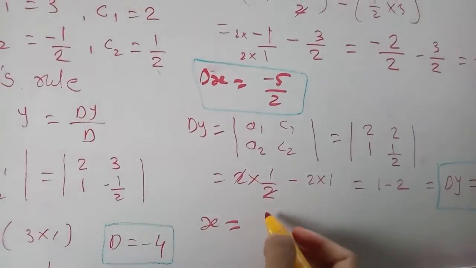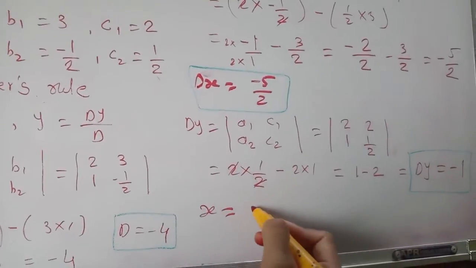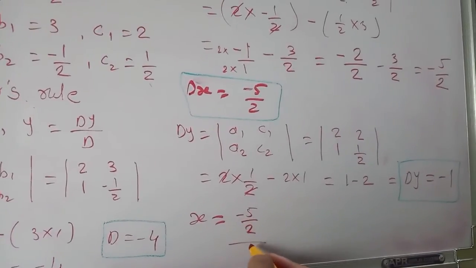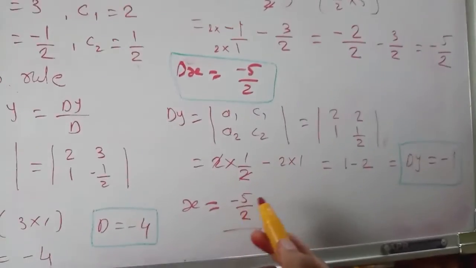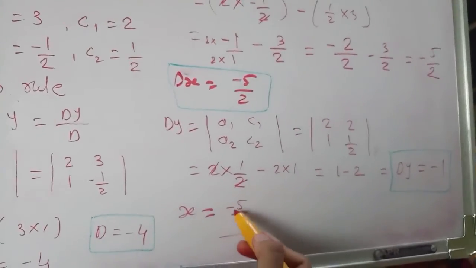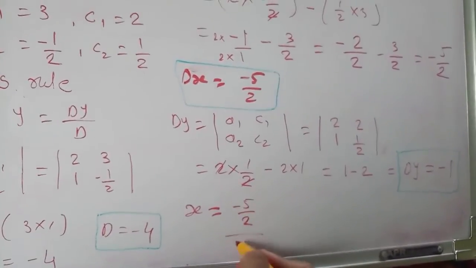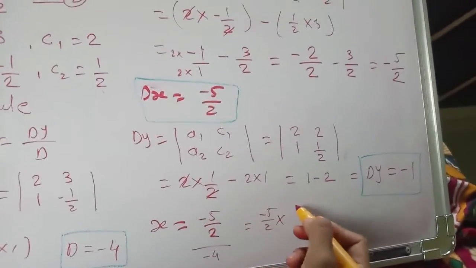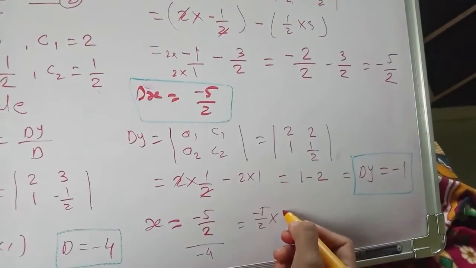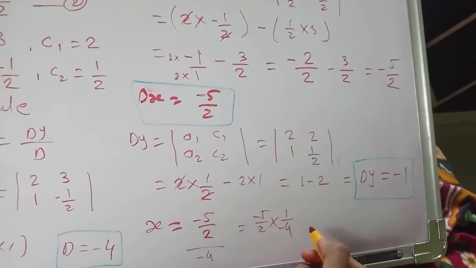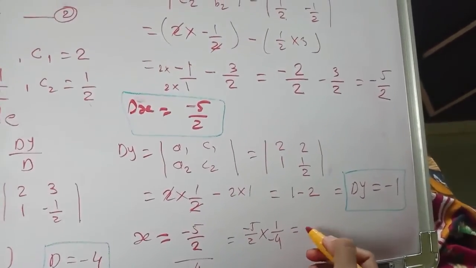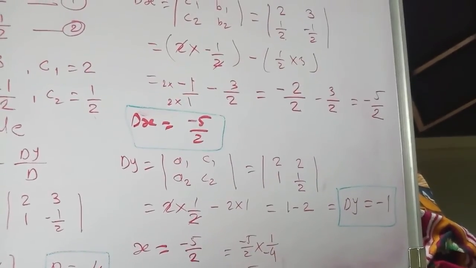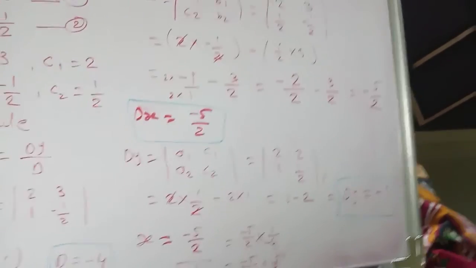So x is equals to dx upon d. So dx is minus 5 upon 2 and d is minus 4. So minus 5 upon 2 into 1 upon minus 4 is equals to minus 5 upon minus 8 is equals to 5 upon 8.